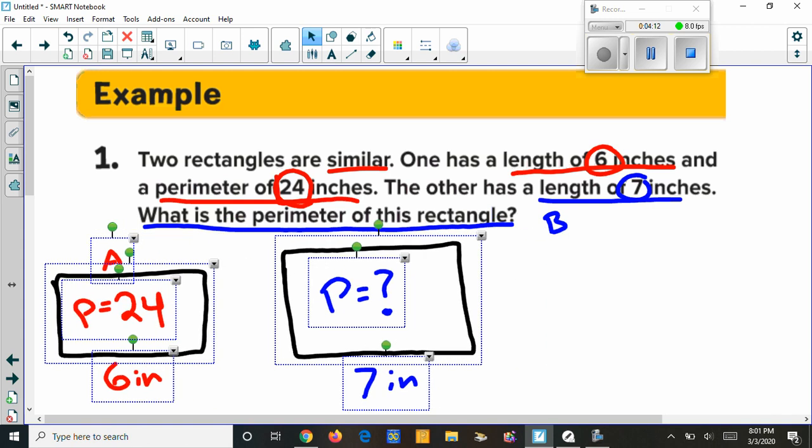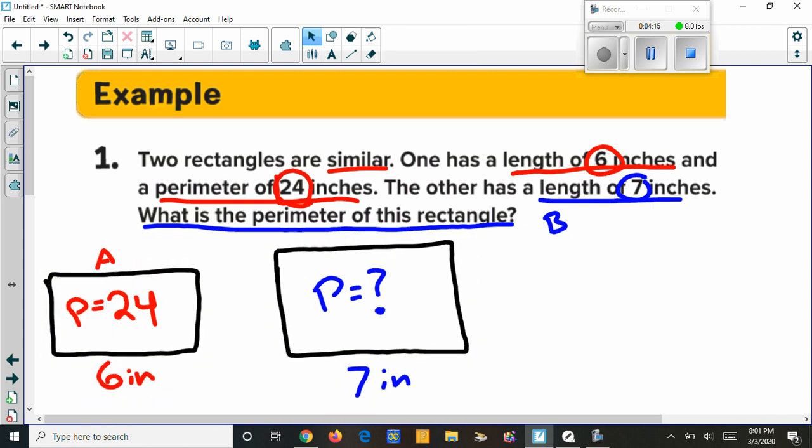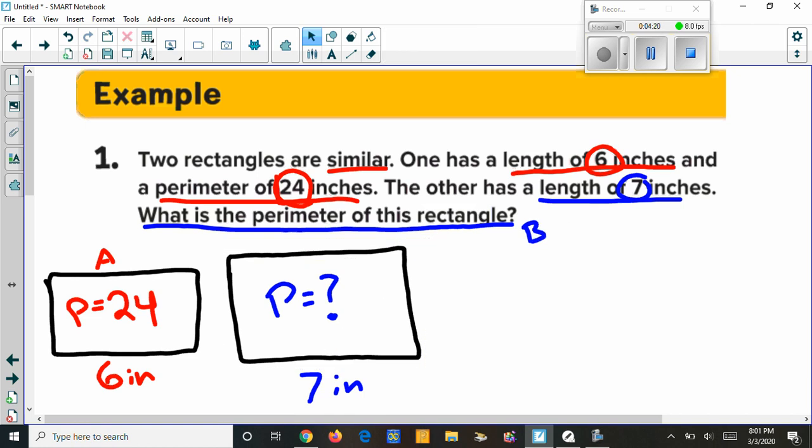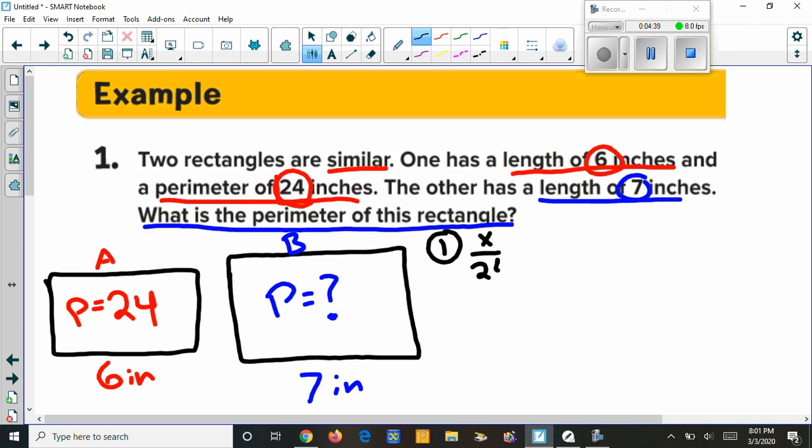Now again, this has two possible ways to do it. One is you could use your understanding of proportions. In fact, let me point that out. One way to do this would be to set up proportions. I'm trying to find the perimeter of B. I could call that X, and it corresponds with the perimeter of A, and it is going to be equal to the scale factor, or in this case, the corresponding parts from each rectangle.